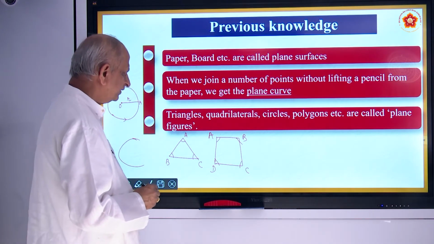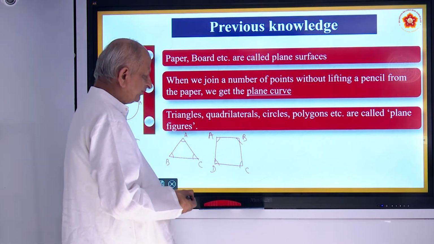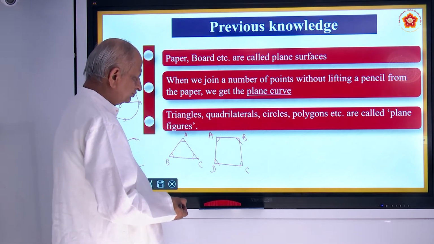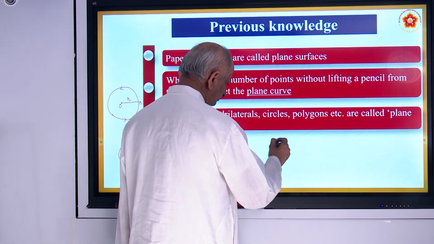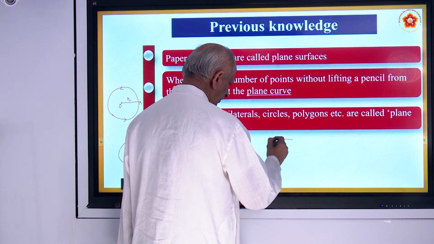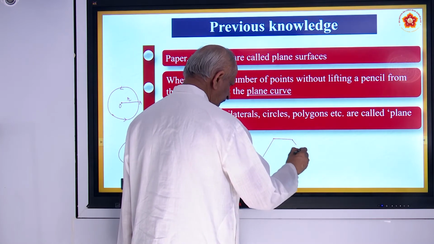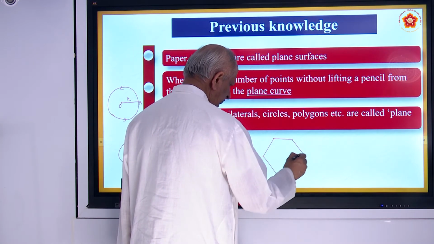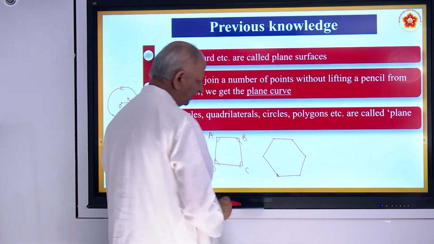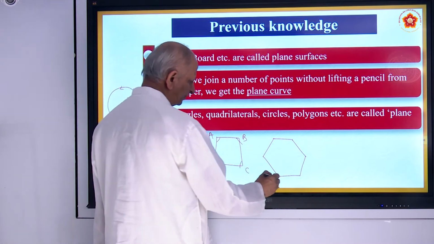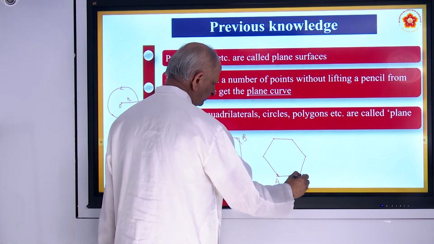Okay. Also we have seen different kinds of polygons. Polygons means any figure with more than three sides. For example, this is called a hexagon. Hexa means how much? 6 sides.